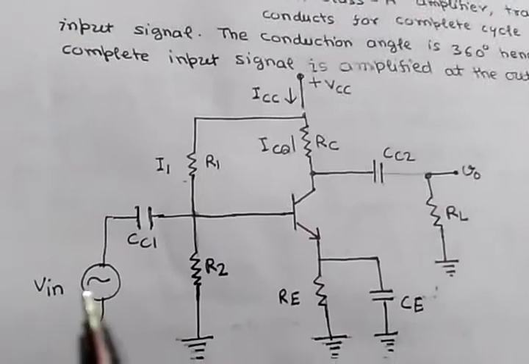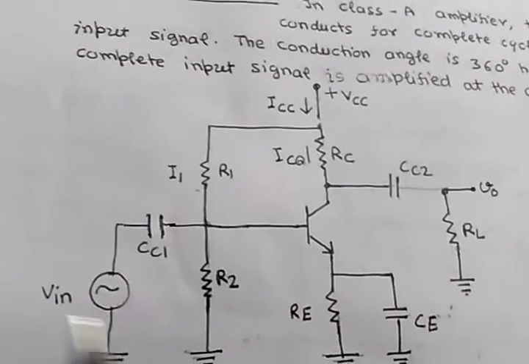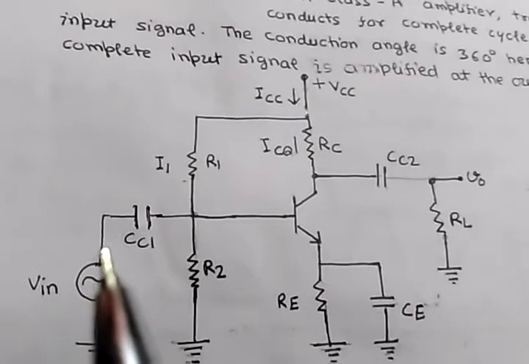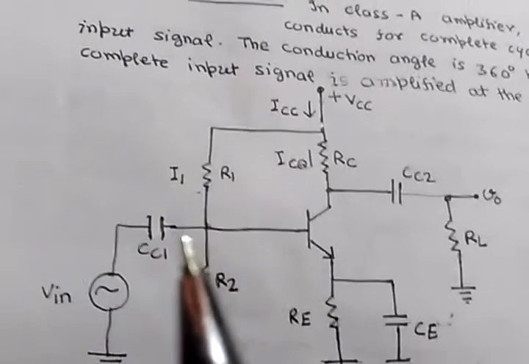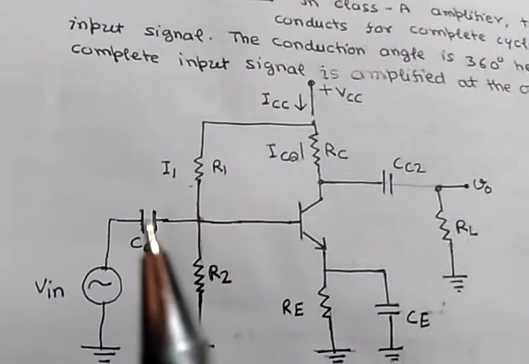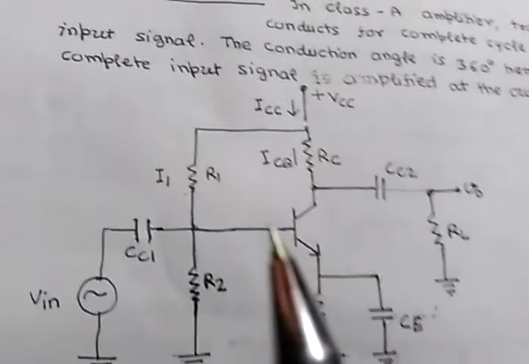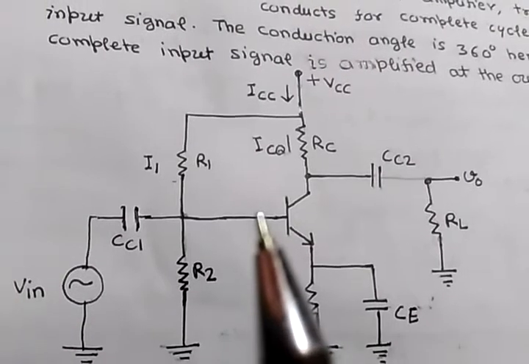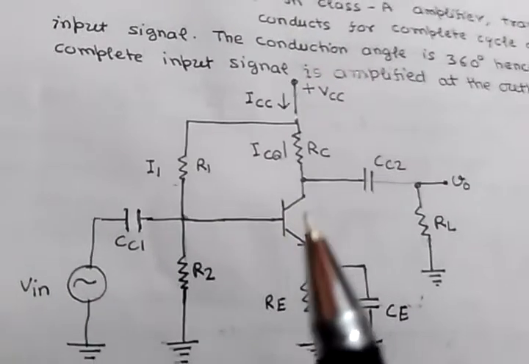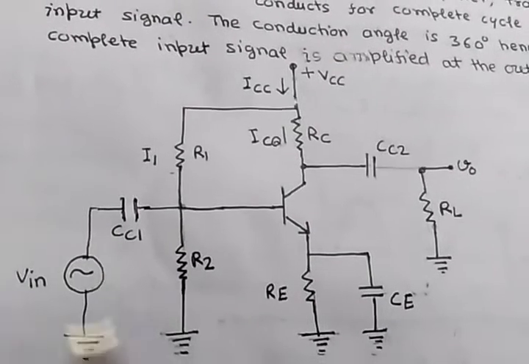So if due to any reason a DC signal is present at the input signal, then it will be blocked by coupling capacitor CC1. It will not reach the base of the transistor, so the biasing condition of the transistor will not be disturbed by the DC component present in the input signal.